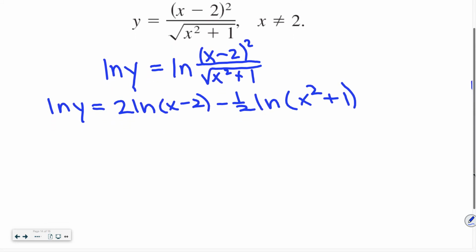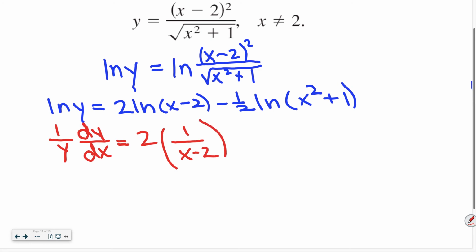So now let's take the derivative. The derivative of the natural log of y is 1 over y times dy dx, because it's y. This right here is going to be 2 times the derivative of the natural log of x minus 2: 1 over the inside, times the derivative of the inside, which is 1.